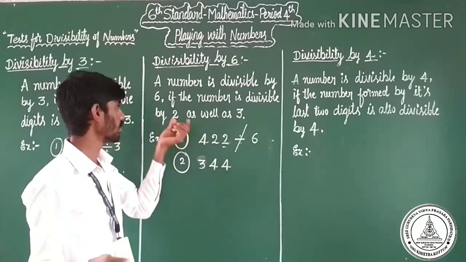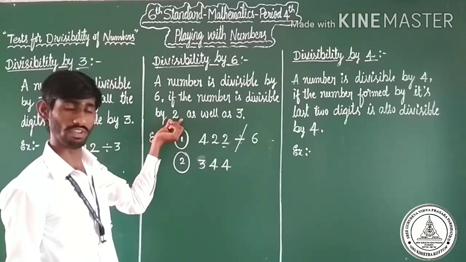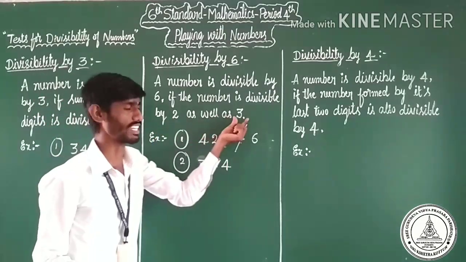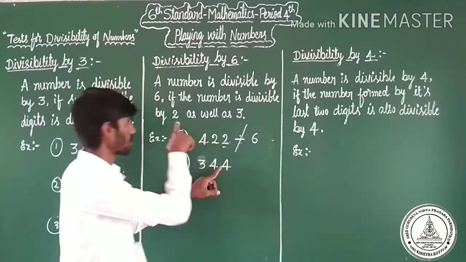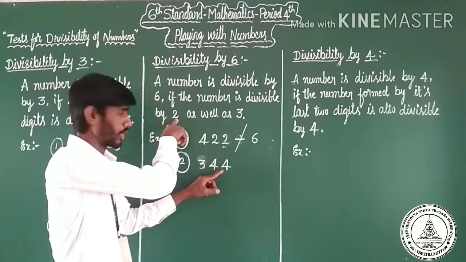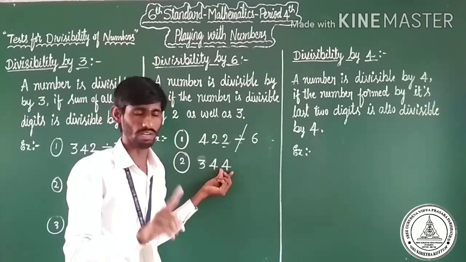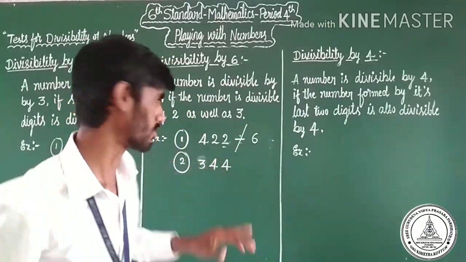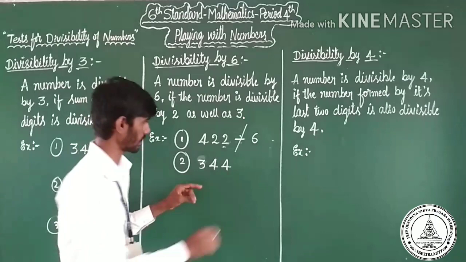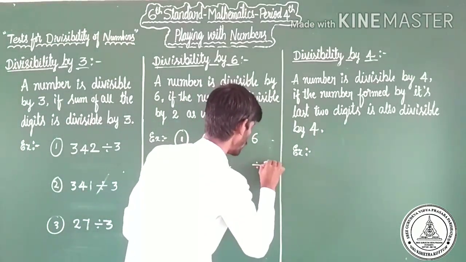Let us check. The first step is to find the divisibility by 2. The second step is divisibility by 3. First step: what is the rule of divisibility by 2? Even number. If the one's place of the given number is occupied by an even number, you may decide it passes the divisibility by 2. Yes, it passes the divisibility by 2.